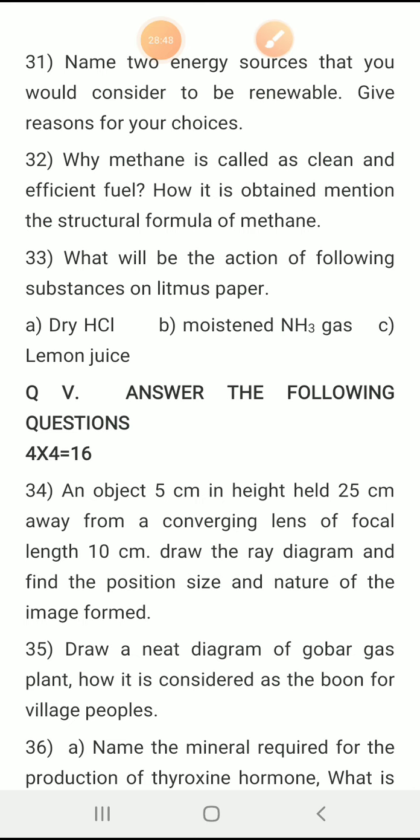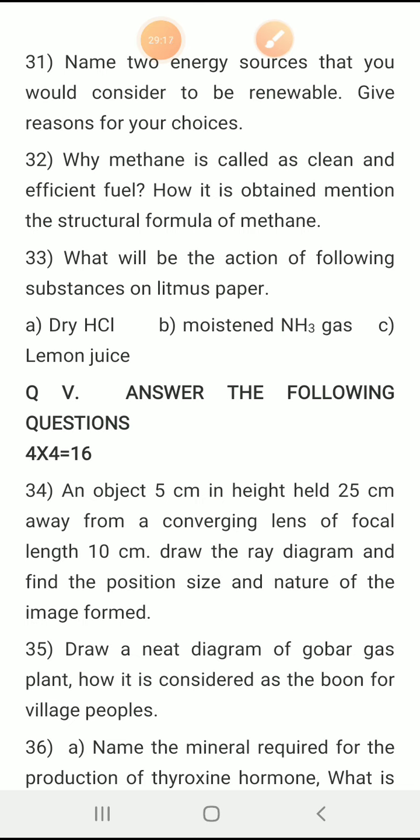it is considered as a boon, meaning they need not pay anything extra. Likewise, we have discussed one question in our class, that is how a cattle raiser can minimize the energy crisis. It is the same question. So the cattle raiser, with the help of the cow dung, can produce gobar gas and use it for his energy requirements, so that he can minimize the energy crisis.